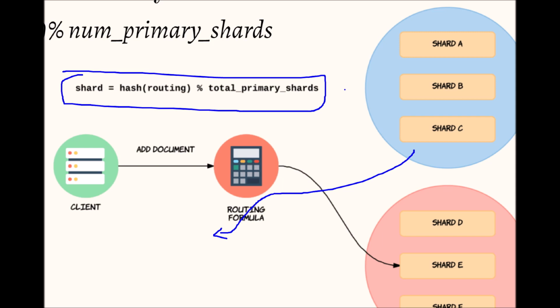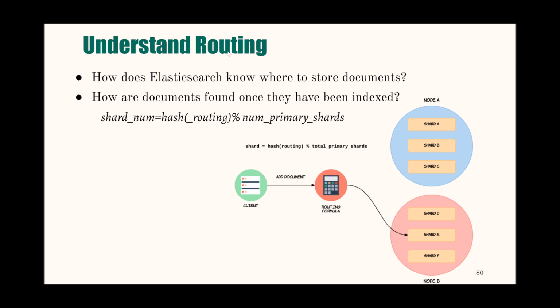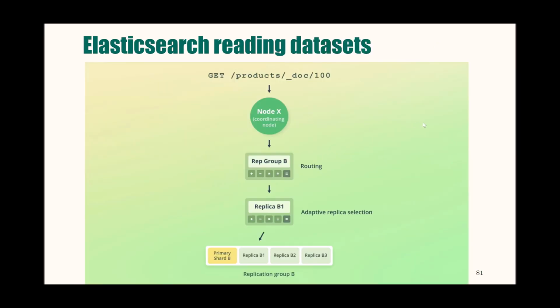In a distributed system, we have no centralization, so we have no master node telling us where each document is stored. Otherwise, we would lose the concept of a real distributed system. So if I want to read any document, I run this function, and because I know the ID, I can get exactly the name of the shard. This is what routing is in Elasticsearch.